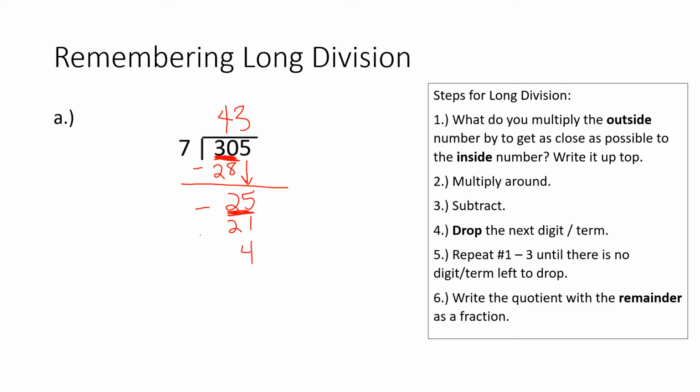There's not another number to drop down, so this is where we're going to stop. That 4, you'll remember, is called the remainder. So to answer the question, how many times does 7 go into 305? 7 goes into 305 43 times with 4/7 left over. And that's how we're going to write our answer.